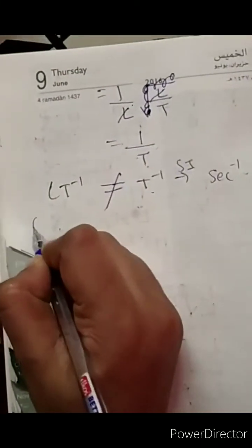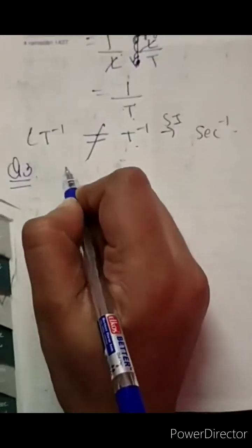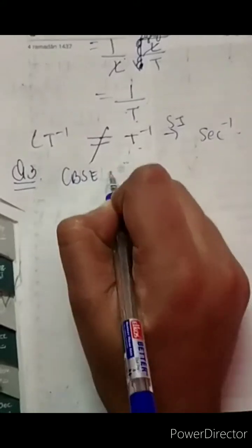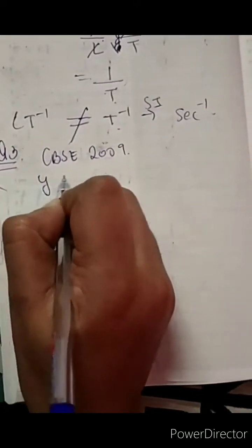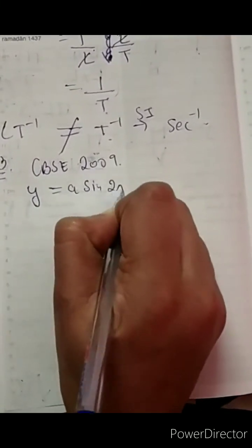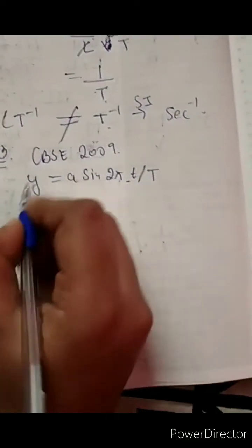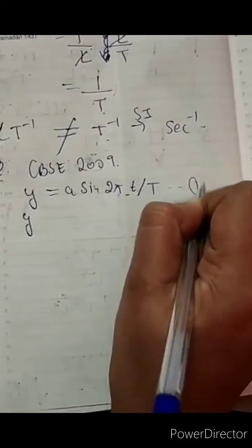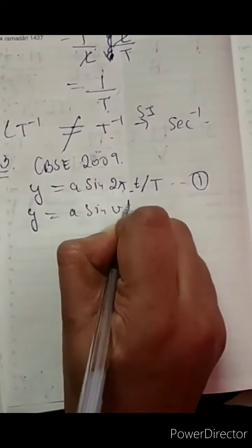Now question number 3. This is question number 2 and question number 3. Question number 3 was asked in CBSE 2009, and they have given y is equals to A sine 2 pi t upon capital T, and this is equation 1, and in the second equation they have given A sine Vt.